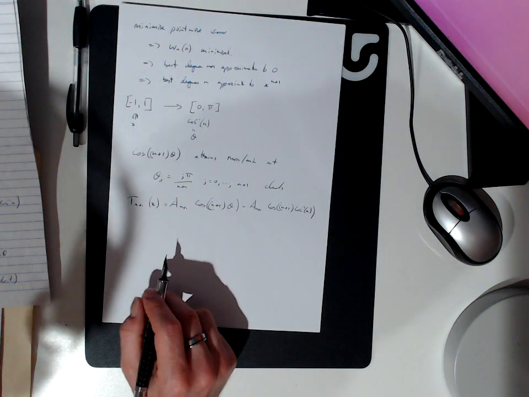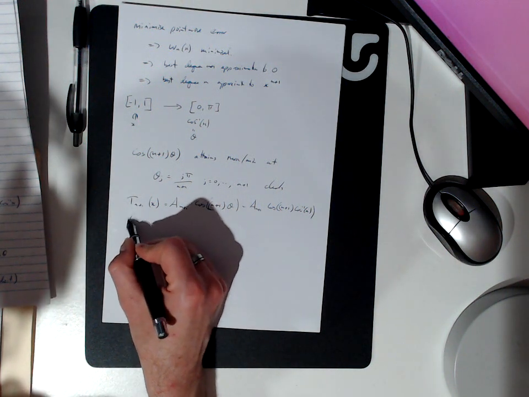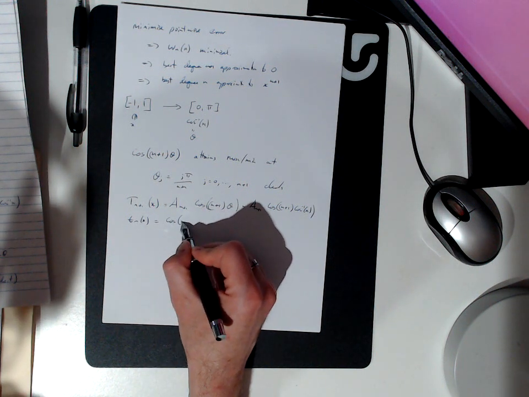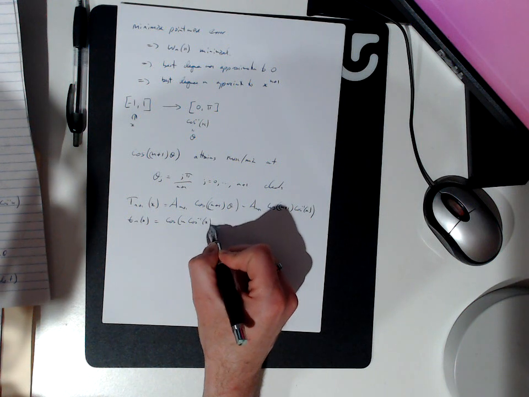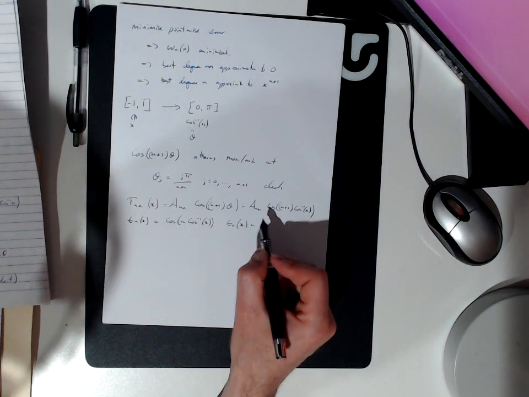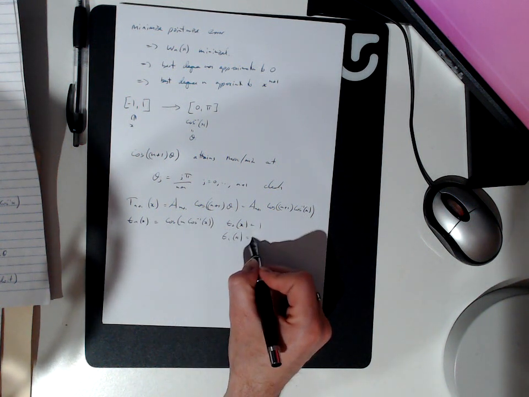How do you know this is a polynomial? Which is a good question. Just for the moment, I'm going to take little t_n to be equal to cos(n cos inverse x). We note that t_0 of x is cos of 0, which is 1. And we can say t_1 of x, the cosines cancel out, is equal to x.